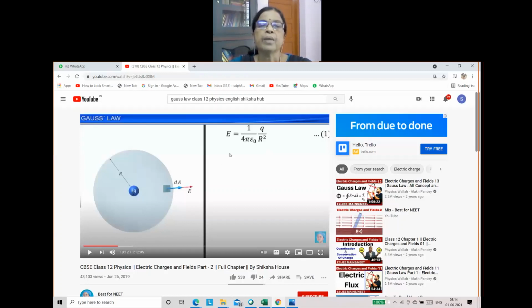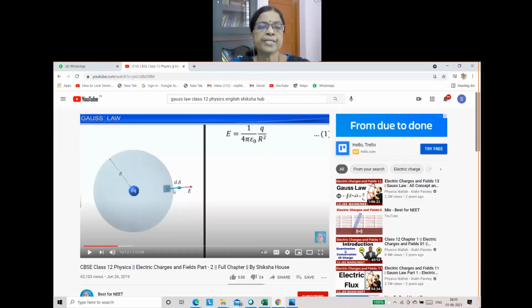Understand? So here, the electric field intensity vector E, we have seen, is normal to the sphere. The red line is normal to the sphere, and you take a small area through which this electric field line passes.